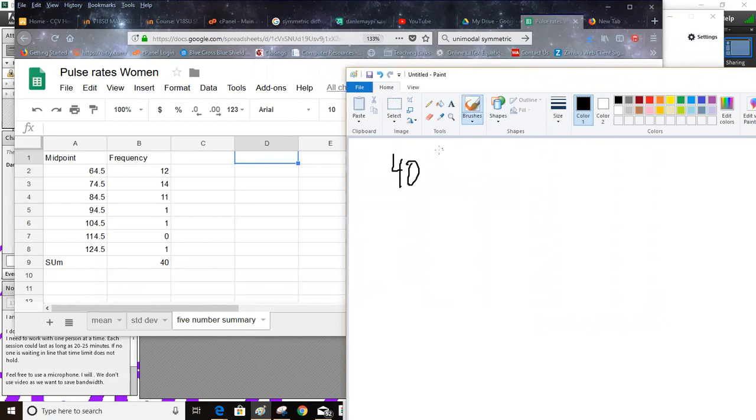If I want to find the lower quartile, which is the same as the 25th percentile, I'm going to multiply 40, the number of numbers I have, times 0.25, and I'm going to get 10.